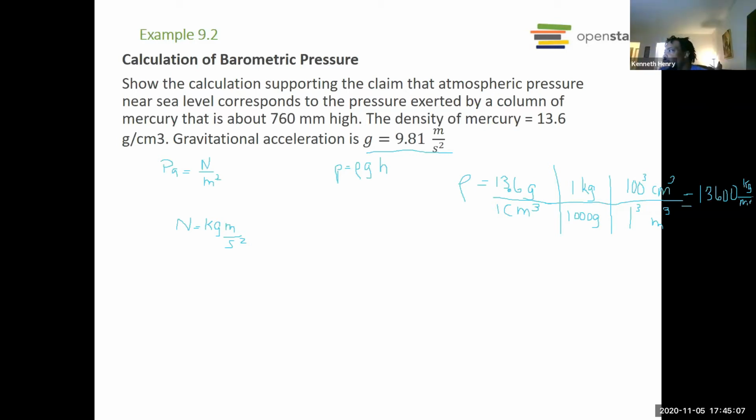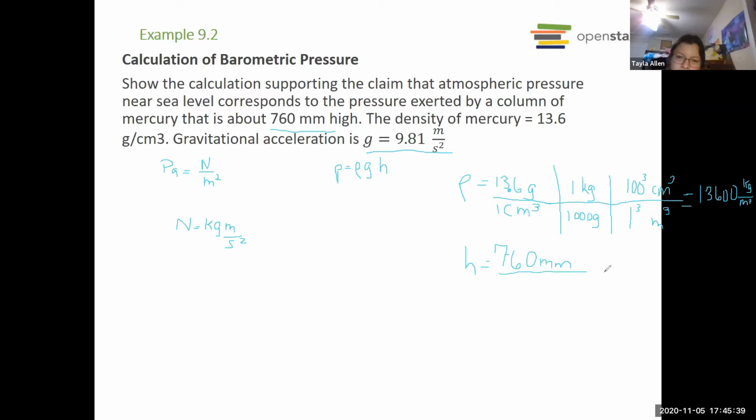Okay. Now, gravitational, that's good. So our height. Height is 760 millimeters. So what do I need to do with that? Do I just plug it in? Do we change it to meters?